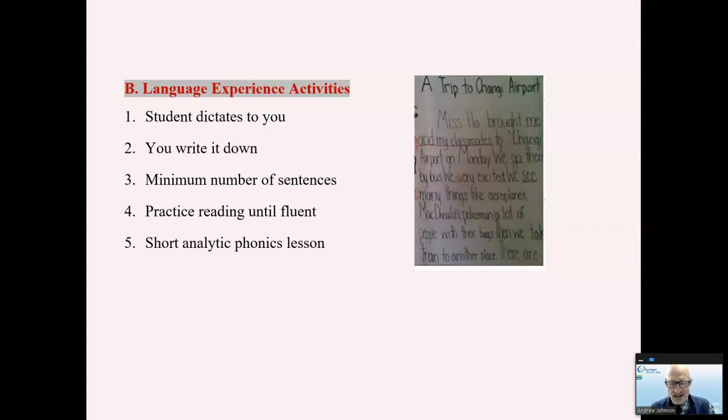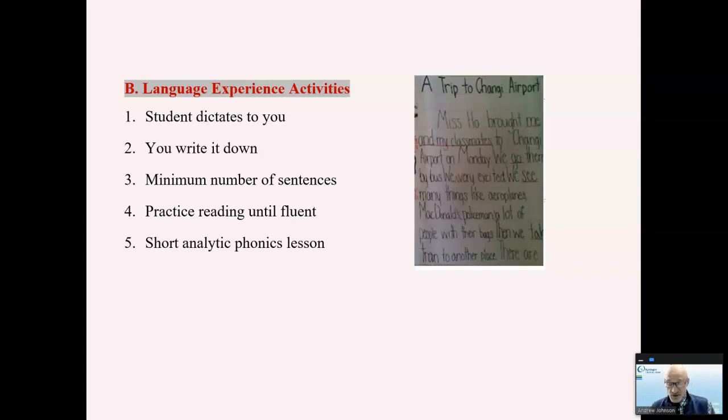As they dictate to you, you write it down, either on a poster, on a computer, on a whiteboard, or something. When I tutor, especially tutoring online, I write using the computer, 24-point font, so they can see the words appearing as I'm writing. This is very important. They are reading the words as they appear, as they speak it to me.